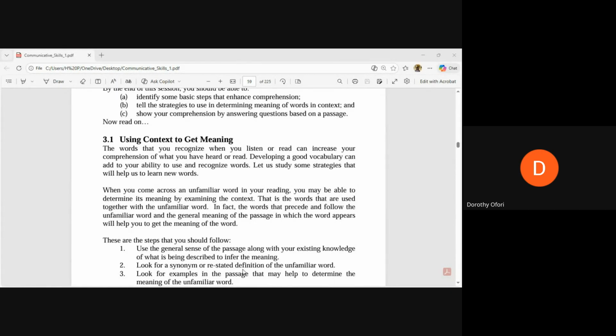When you are angry, the context is anger. Somebody has provoked you, and you say Charlie, Charlie. So in this context, the situation in which that Charlie was said will determine the meaning of Charlie.